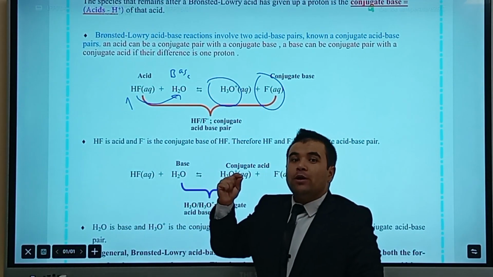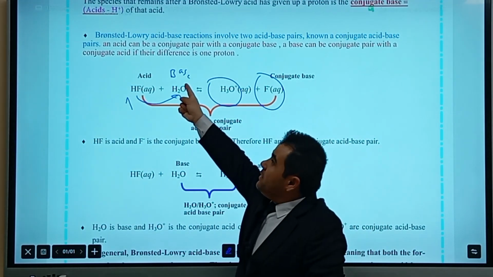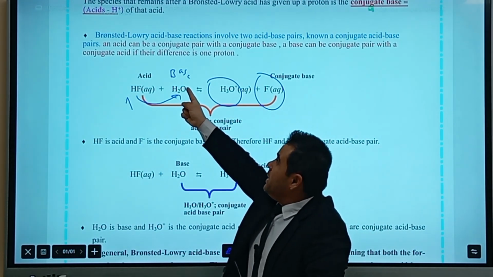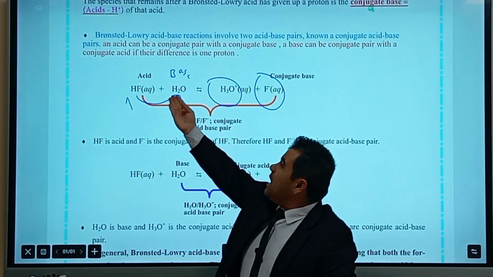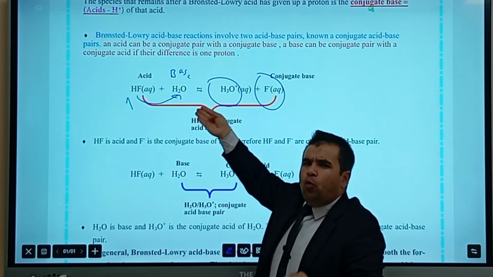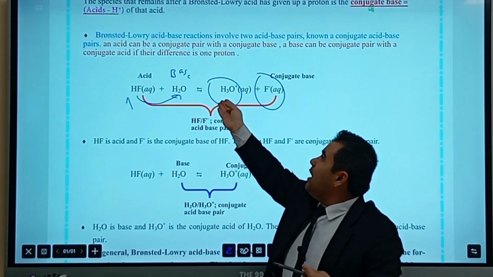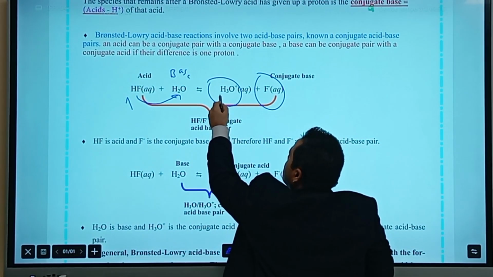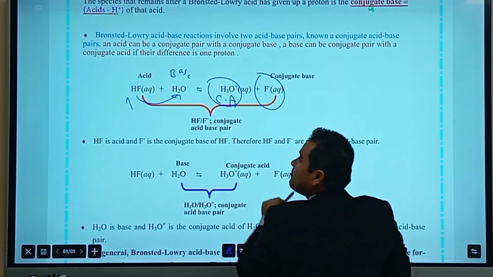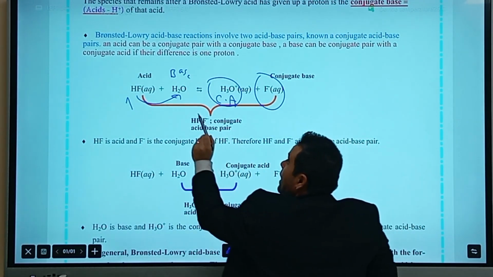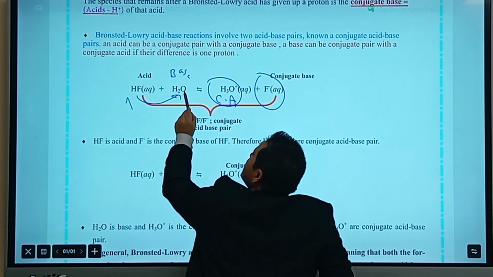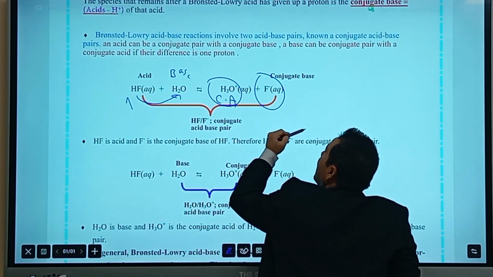So guys, a conjugate acid is what? Whenever this base accepts a proton, what is formed in the product? Hydronium. So the hydronium is a conjugate acid. But when the acid donates a proton, what's the remainder?